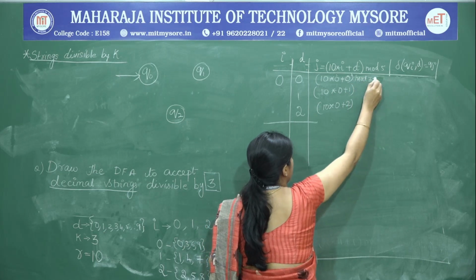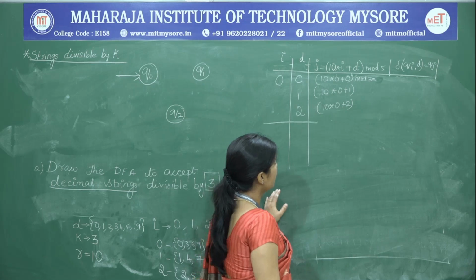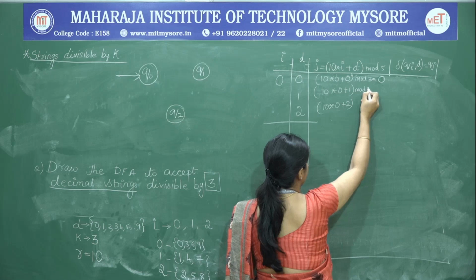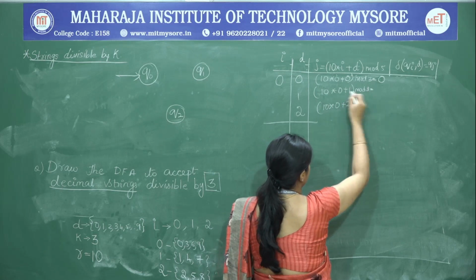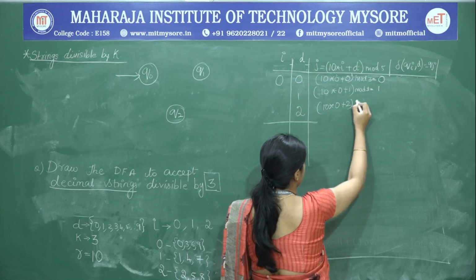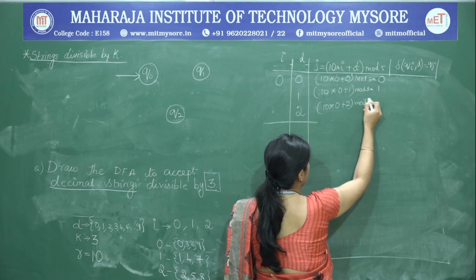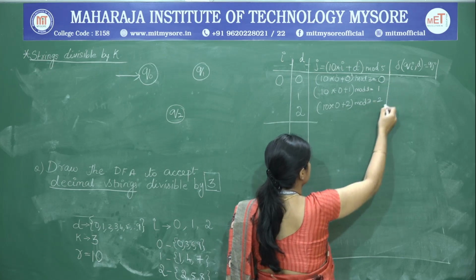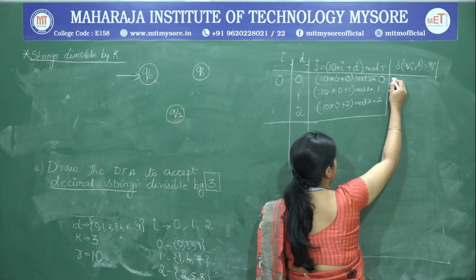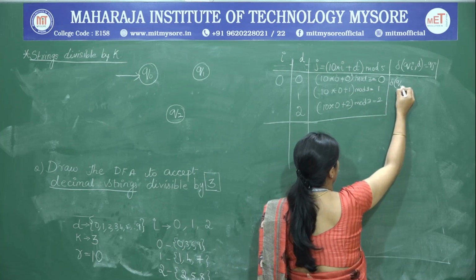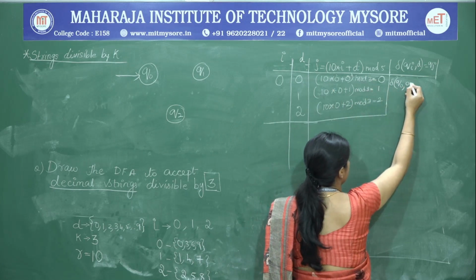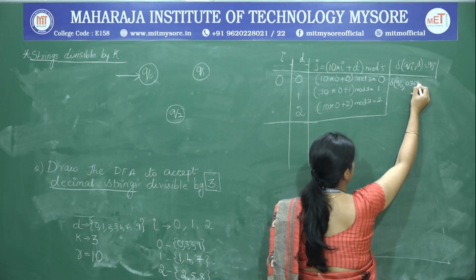Once we do this calculation, 0 mod 3 is 0. Next we have 0 plus 1, that is 1 mod 3, which is 1. Then 2 mod 3 is 2. So we can frame the transitions here. Delta of q0, we are dealing with the first class, so the numbers are 0, 3, 6, 9.